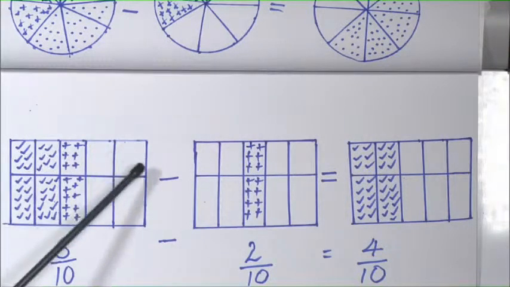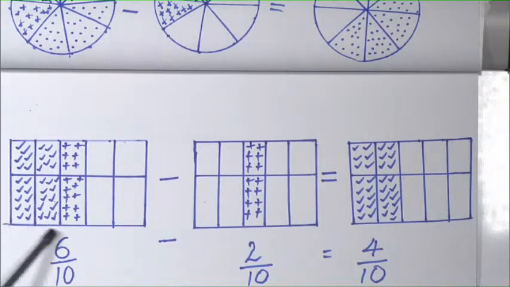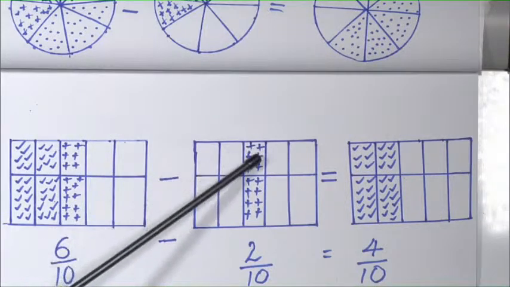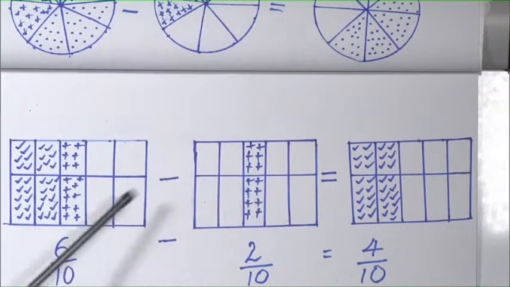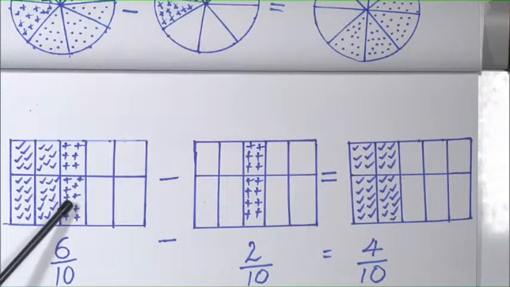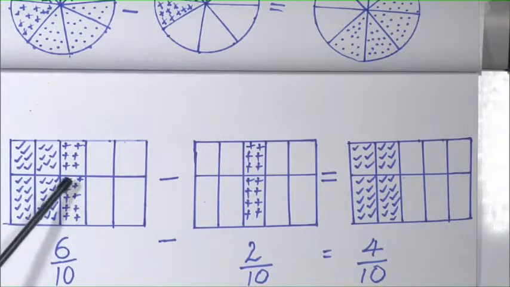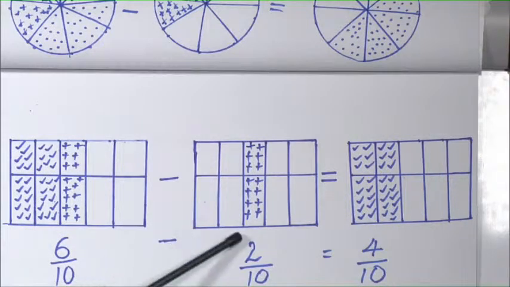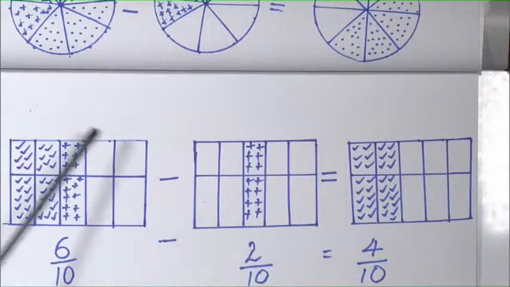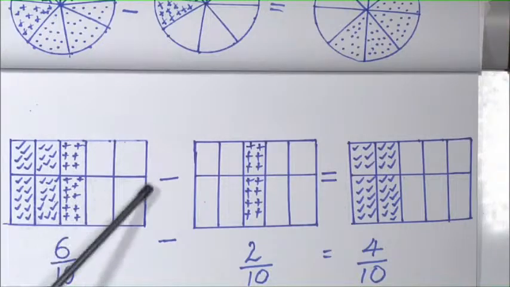Let us look at this type of shading. Come to this part that has been shaded. Can you see there? This is here. This is here. So, if we take this part and that part from the shaded part here, it means 6/10 minus 2/10.